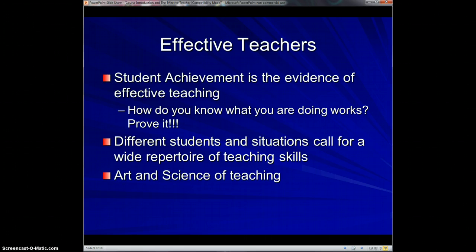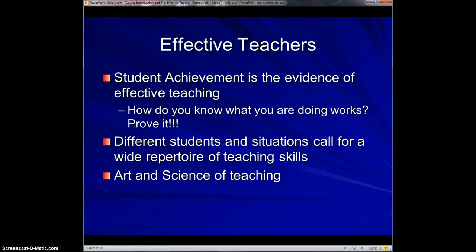There's also another idea you've probably heard talked about before. It's the idea that teaching is an art and a science. There's a lot of creativity in the artistic side, and you'll be able to put your personality into what you're doing, but then there's also the science part of what we know about the brain and how to formulate a lesson plan and how those things work.